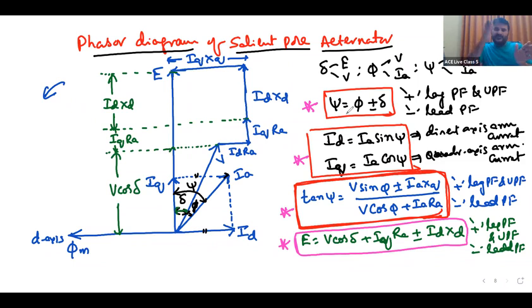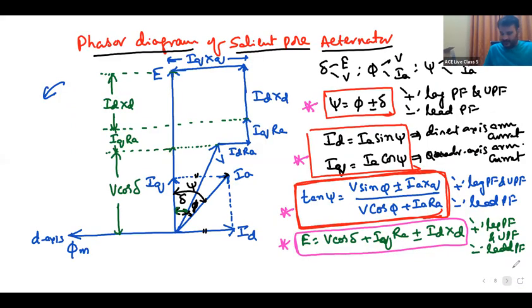Even if you forget, with the simple diagram you can recollect it. But how tan psi comes is from the derivation. Let me derive that, and after that we go to the problems. Now, the derivation of how tan psi comes.